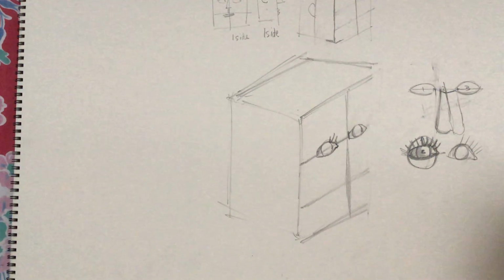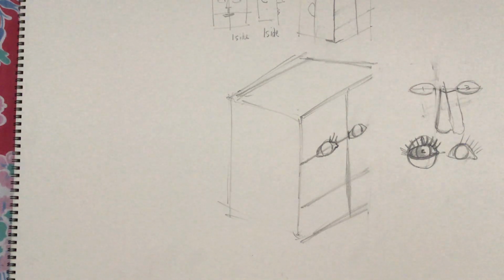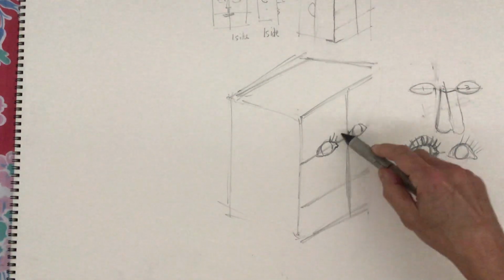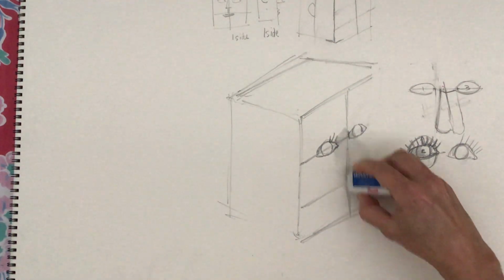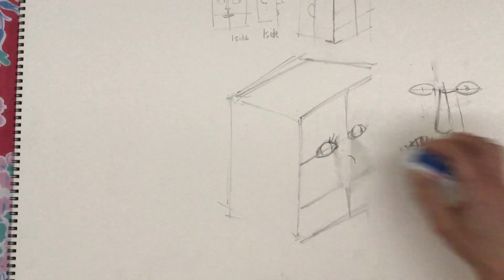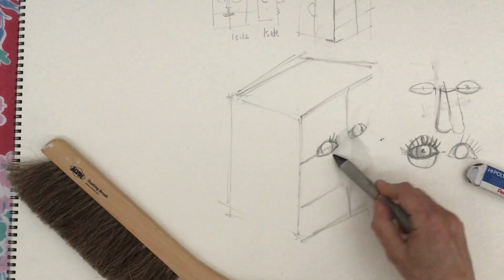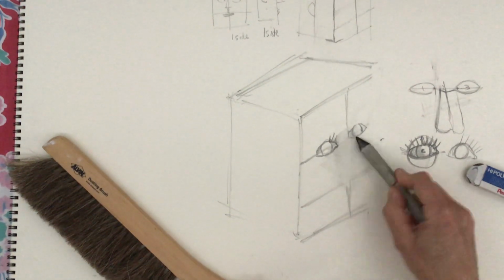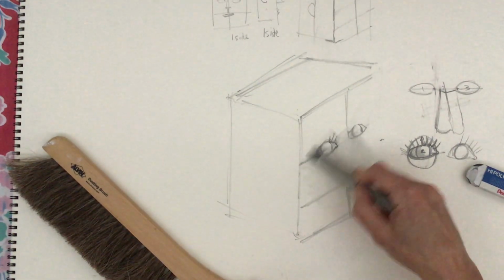and be irregular. Okay, when I get to the nose, I actually find it easier to add some value. I'm going to erase this line here. So I'm going to add some skin tone here.